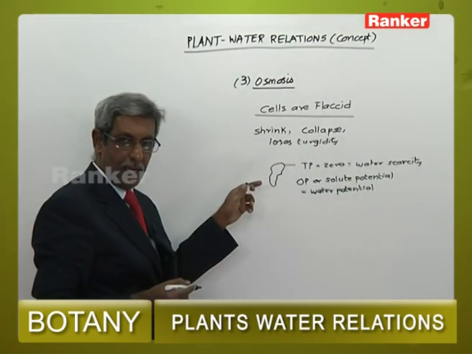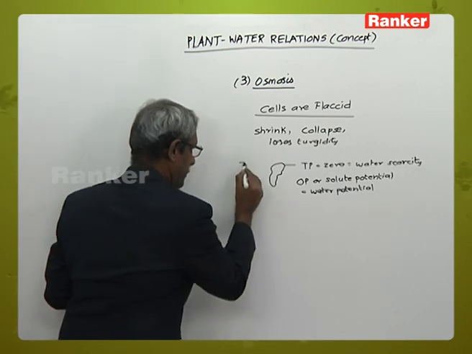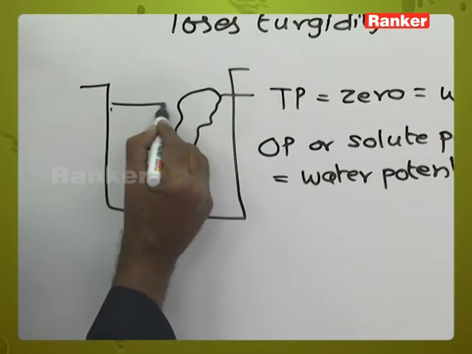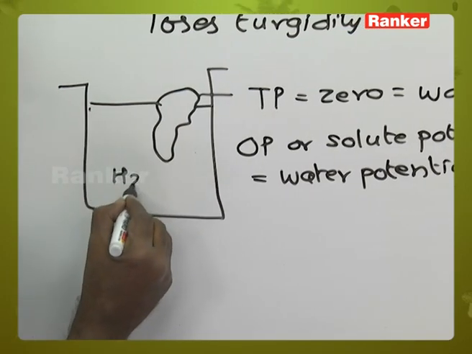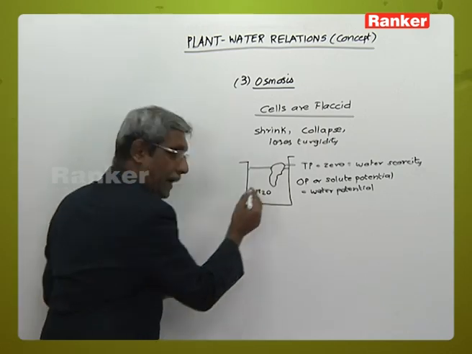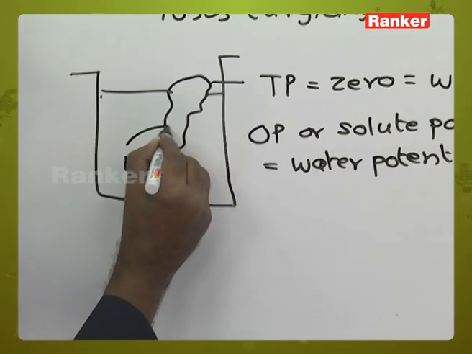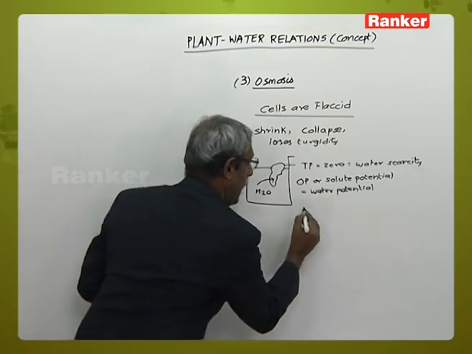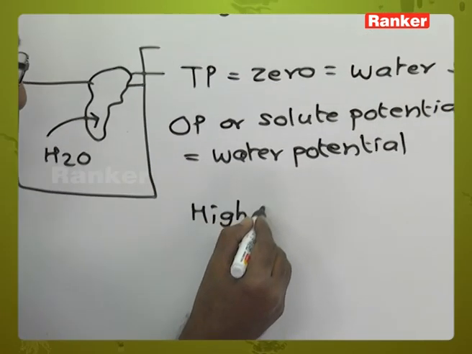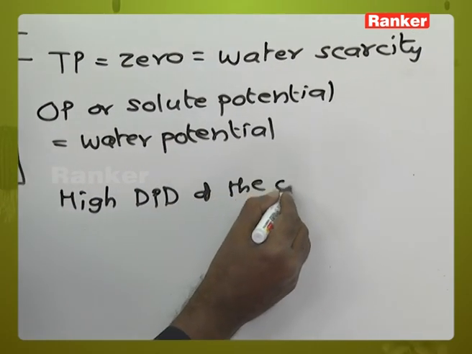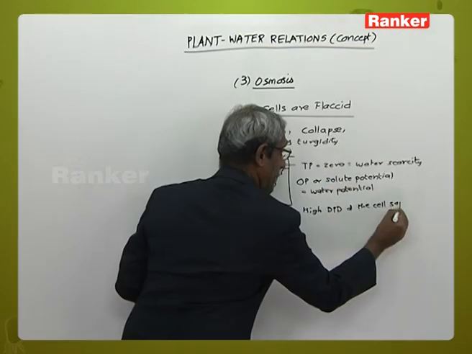So when a cell is placed in water, water enters due to higher DPD of the cell sap.